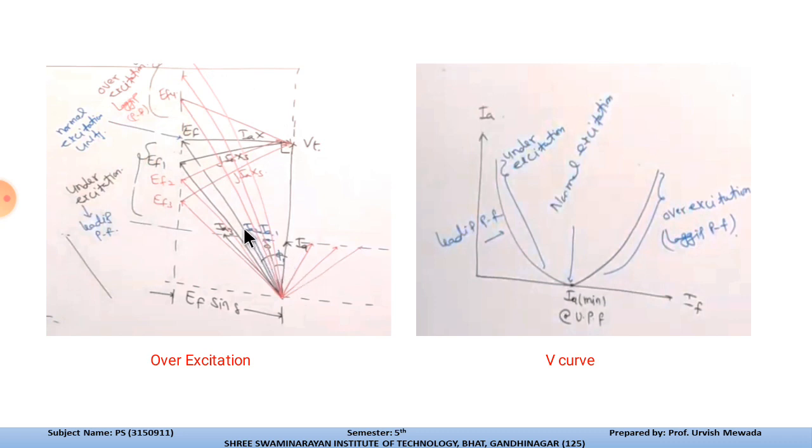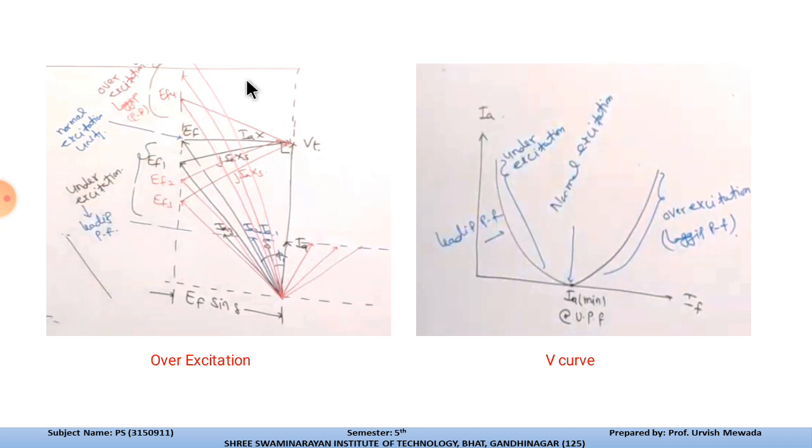From this graph you can see that when Ef is equal to Vt, that mode is called the normal excitation, when Ef is less than Vt, it is called the under excitation mode, and when Ef is greater than Vt, it is called the over excitation mode.